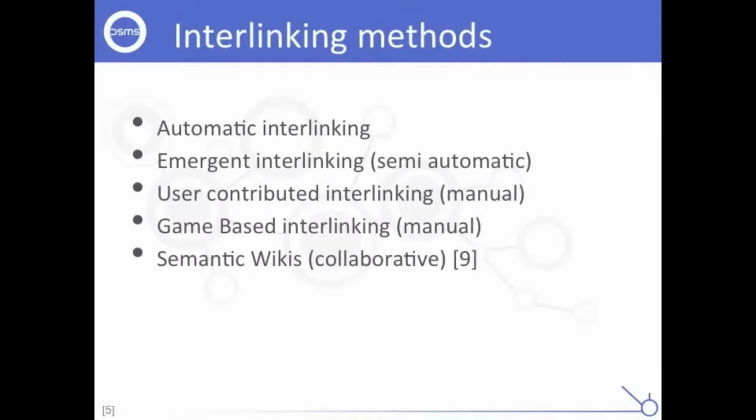This is related to UCI, but the difference is that game-based interlinking is oriented to interlinking helped by a game. Users are not aware that they are interlinking multimedia data. Finally, semantic wikis, collaboratives. Everyone contributes to create new related URIs like a traditional wiki.